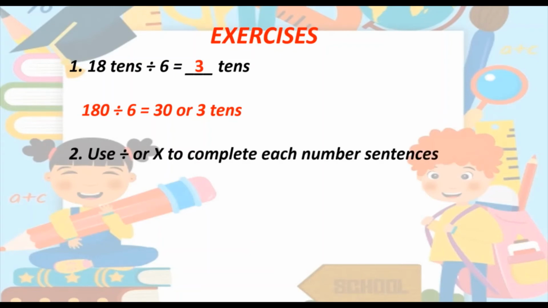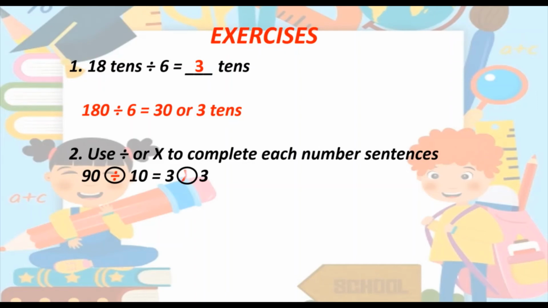Next sum, use division or multiplication sign to complete each number sentence. 90, which symbol should be put in the circle to equate the value on the right side? So if we put the division sign, 90 divided by 10, we get the answer as 9.